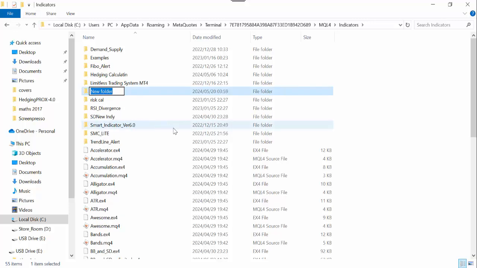Because I have a lot of indicators here, I'm going to create a folder for it. Okay, I've created the folder.